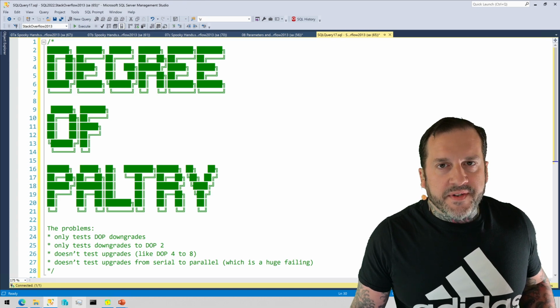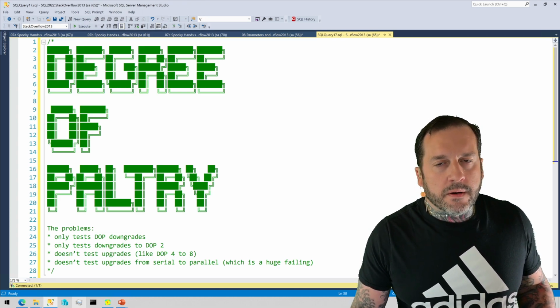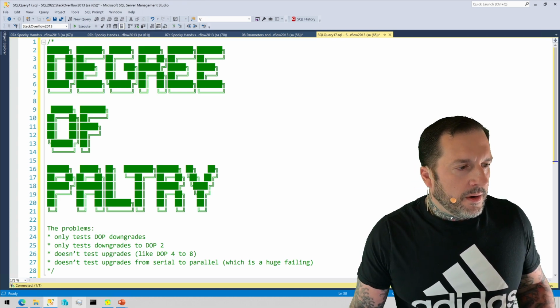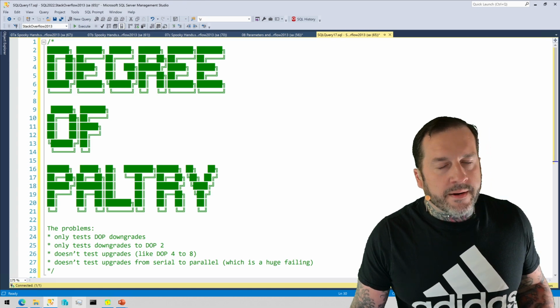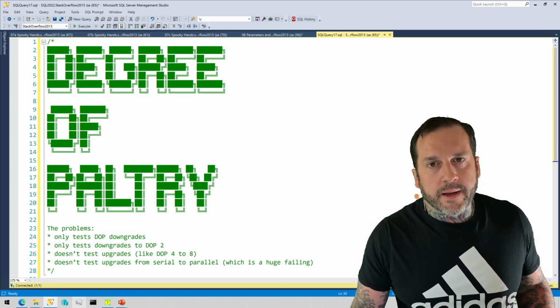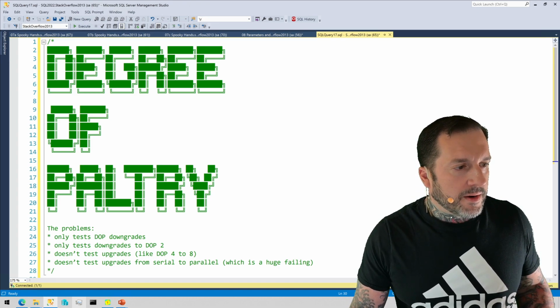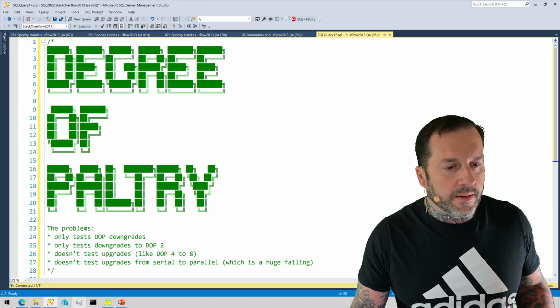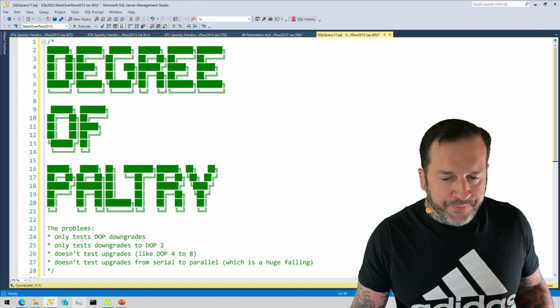Most people have DOP moderately correctly configured on their server, and testing minor downgrades to that is quite a waste of SQL Server's time and of your money. You're paying $7,000 a core for SQL Server to figure out if a query can run at the same speed at a lower DOP by like 2 or 4 or something.